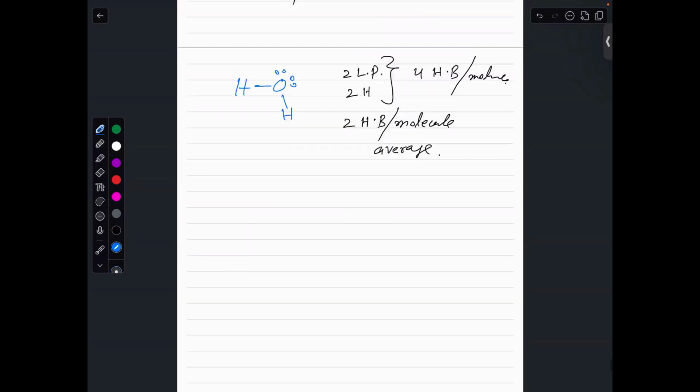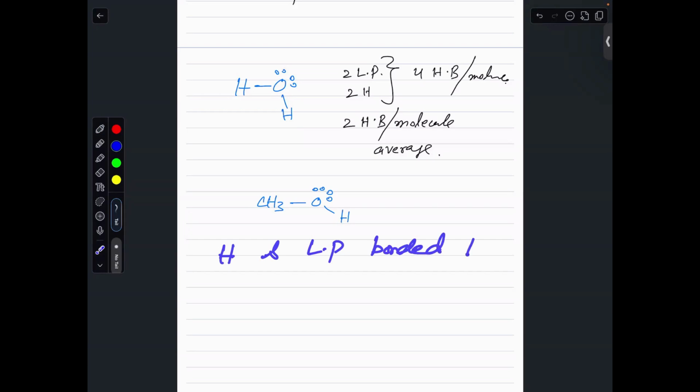Now, another example. For example, this is methanol. You are supposed to count the hydrogens and lone pairs bonded with FON, so count the ones with O, not with the carbon.